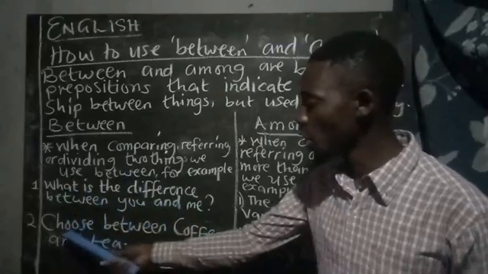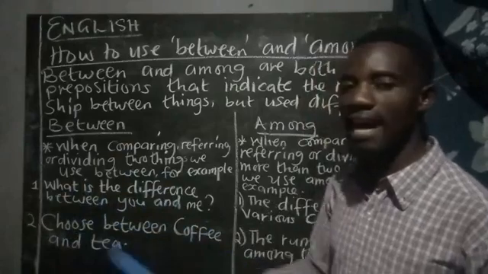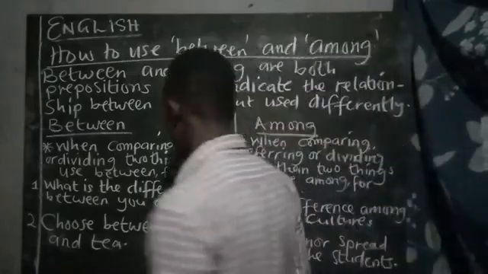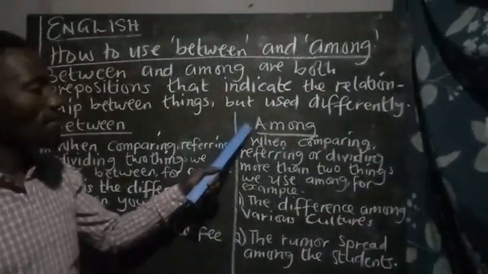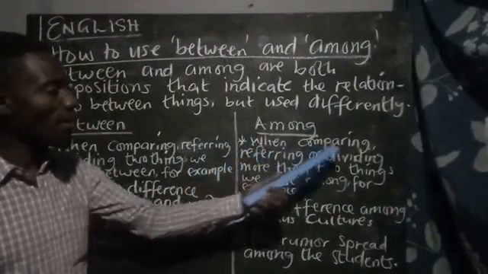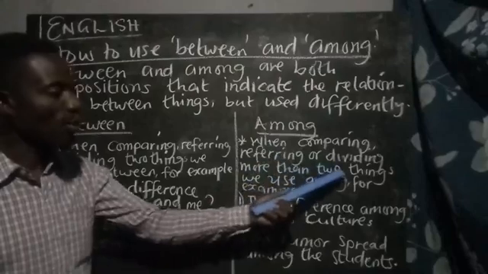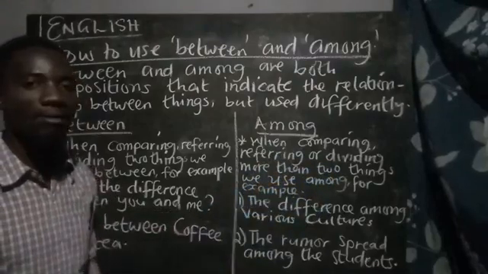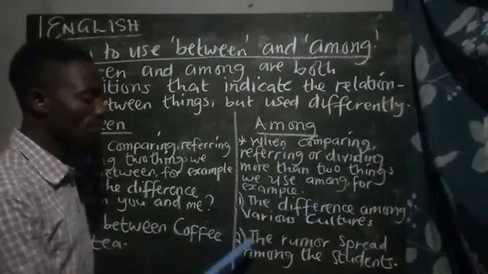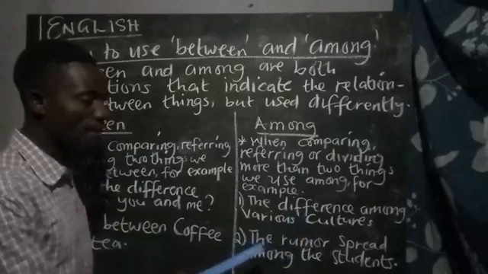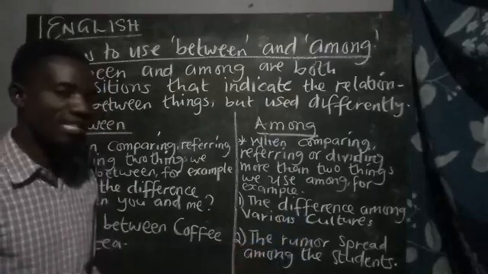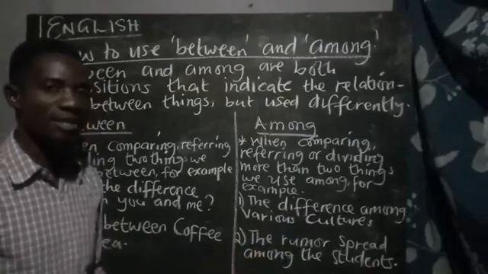Another example, choose between coffee and tea. What of among? We said the preposition among, when comparing, referring, or dividing more than two things, we use among. For example, the difference among various cultures. The rumor spread among the students.